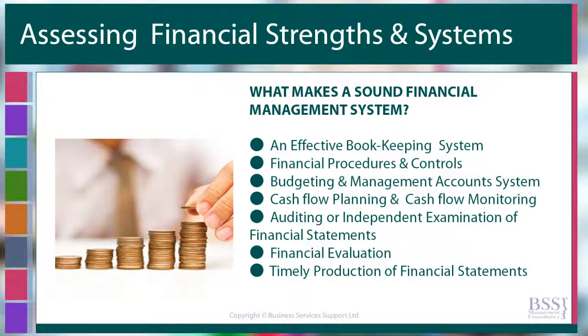Cash flow planning and monitoring systems which ensure liquid cash is available to meet ongoing expenditures. Independent auditing systems which provide assurance that the financial statements are reliable for external stakeholders to use in their decision-making. Financial evaluation systems, which measure how funds have been used. And finally, production of timely and accurate financial statements to monitor the financial health of the organization.